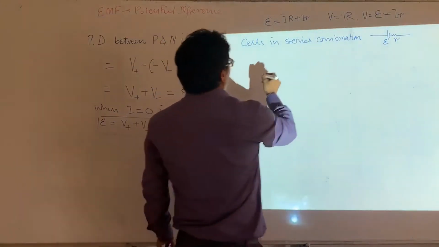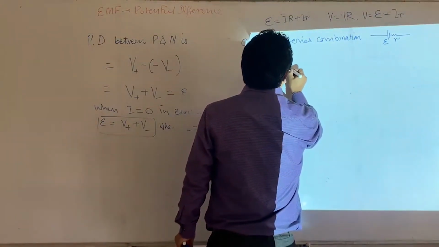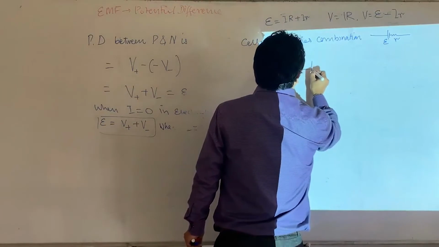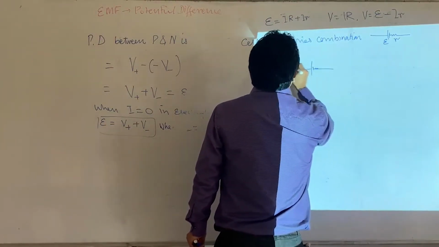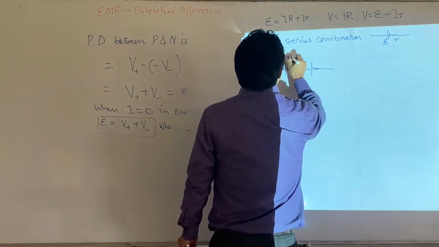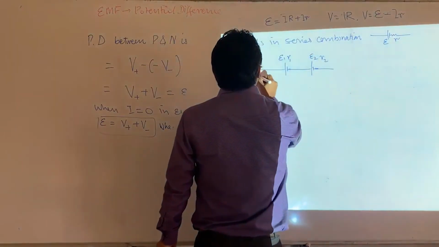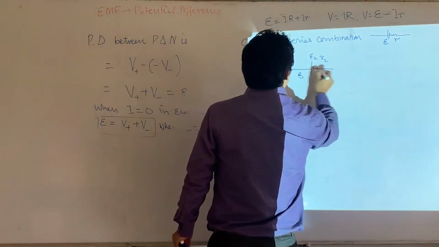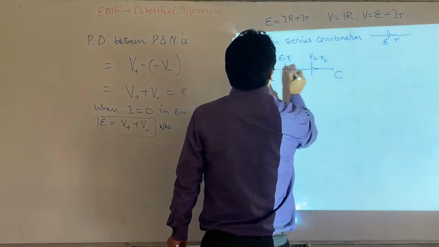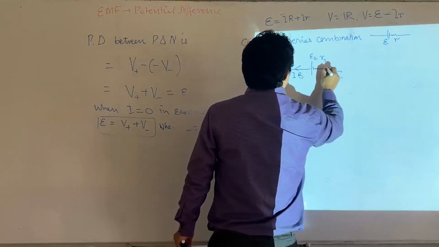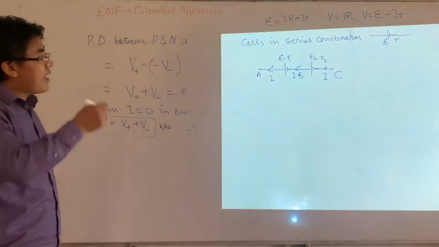So now I am going to have two cells: EMF 1 with internal resistance r1, and EMF 2 with internal resistance r2. These are points A, B, C, with current I flowing.